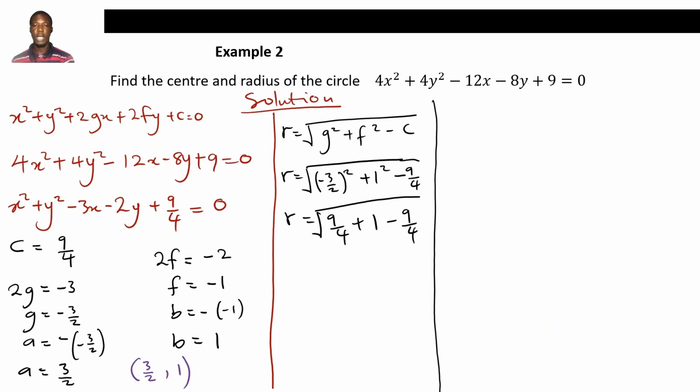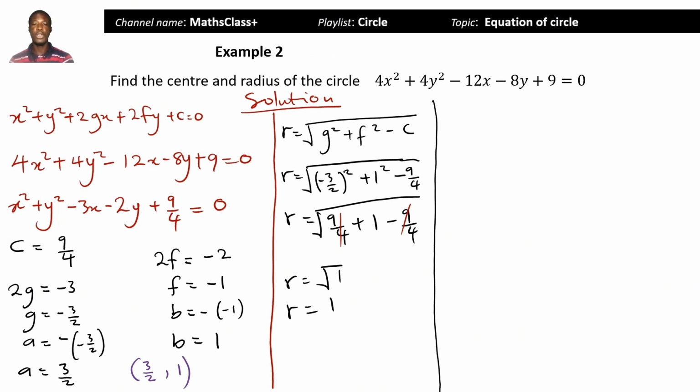Okay, so now you can see that 9 over 4 and 9 over 4 will cancel themselves out, giving us r is equal to root 1, which means r is equal to 1. Therefore, for the equation given, the center is 3 over 2, 1, and the radius is 1 unit. So that is there.